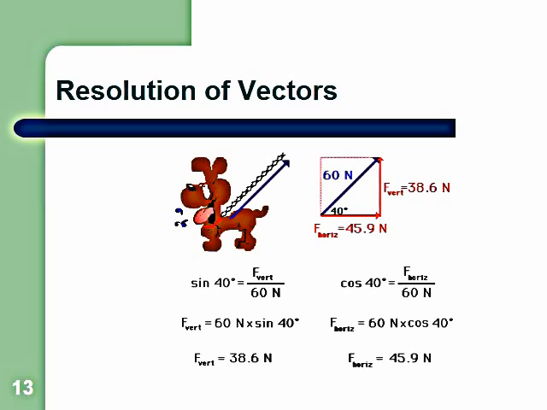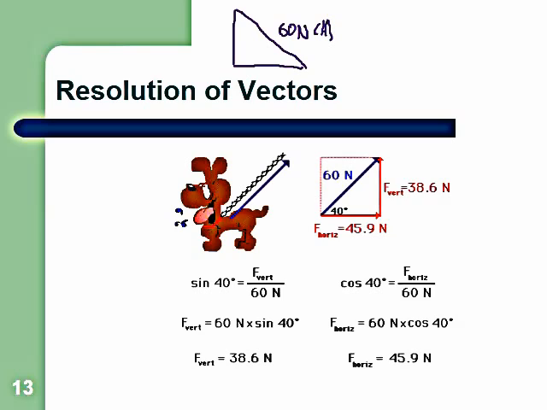So, how do we do that? Well, let's use our friend SOHCAHTOA. So we draw a triangle for the problem. If you want to work out, to start off with, the vertical component, we know that the hypotenuse is 60 newtons. Okay, that's the hypotenuse.